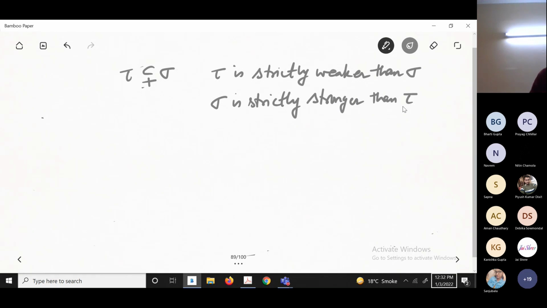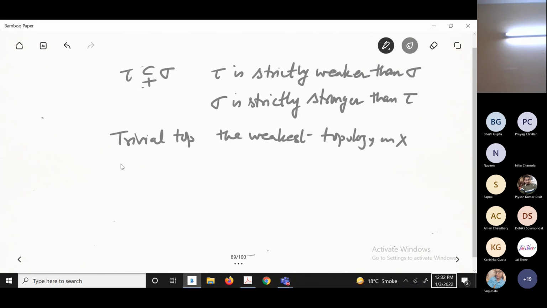So this way, discrete topology is the strongest topology on a set X. And trivial topology is the smallest topology, the weakest topology.